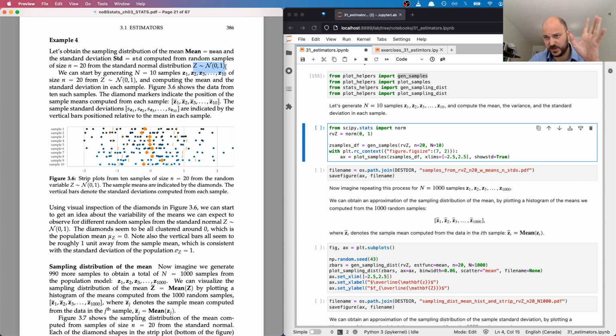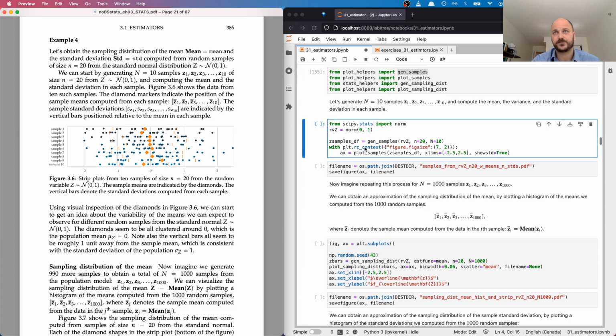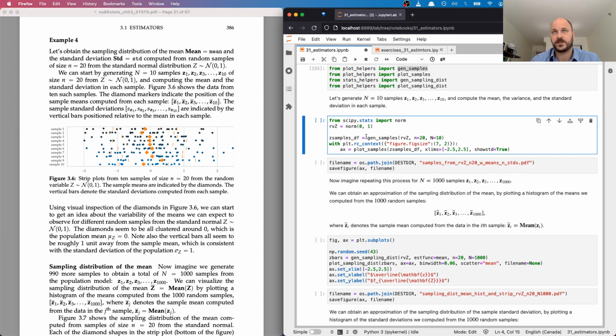We're going to use the simplest possible population, a standard normal random variable. Remember, this looks like the bell curve. And here are 10 samples from that distribution, and the samples are of size 20. Okay, and we see them here. Let's plot it.